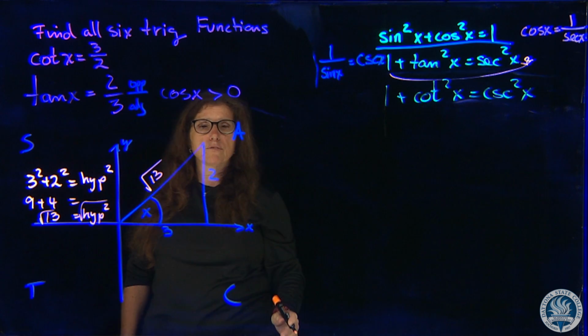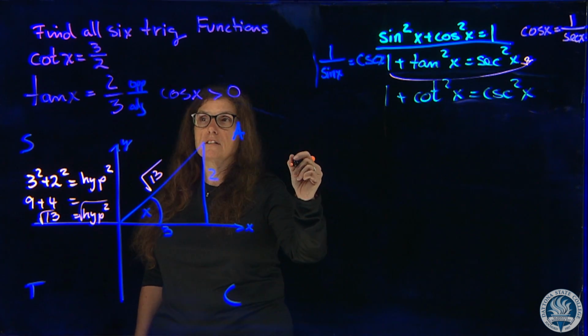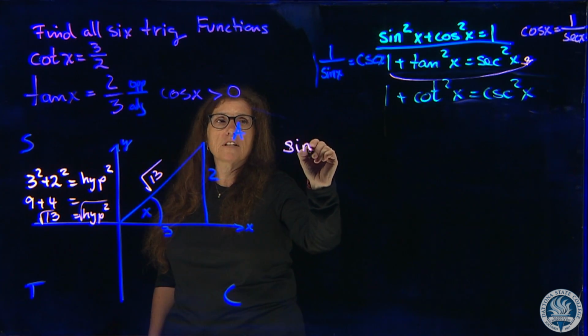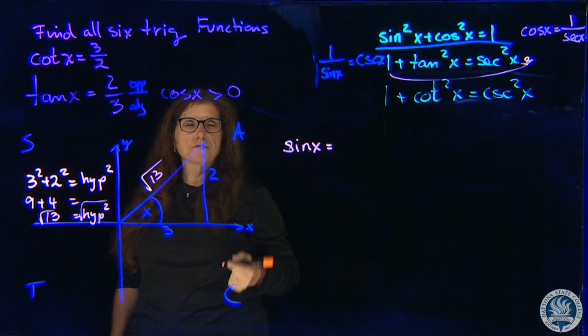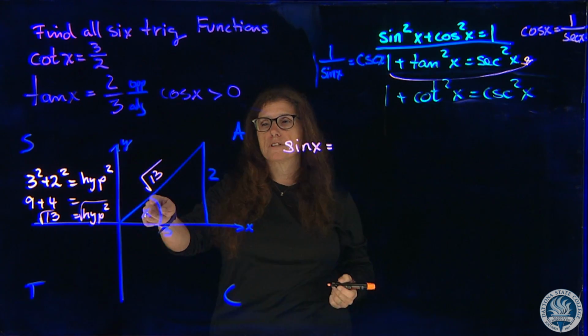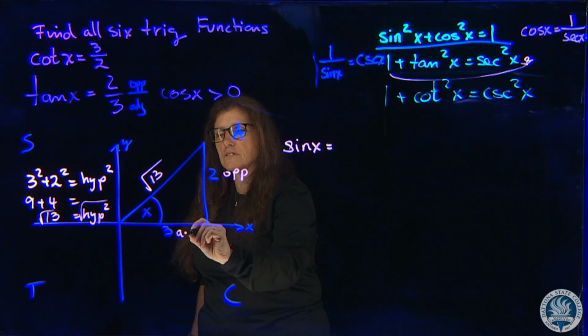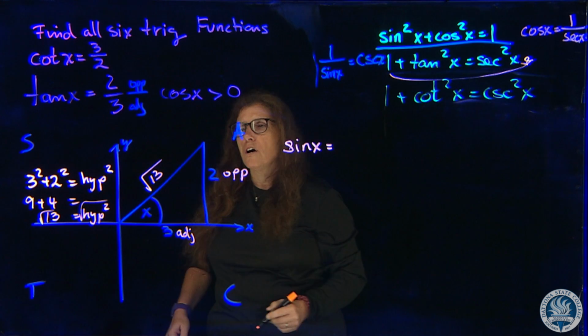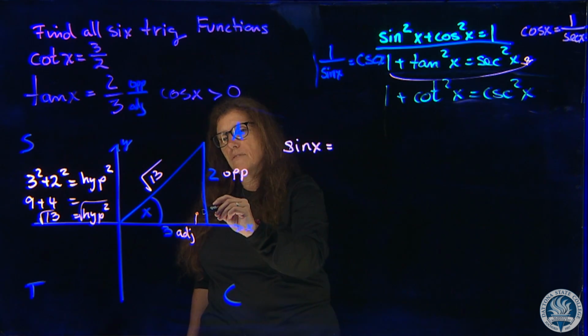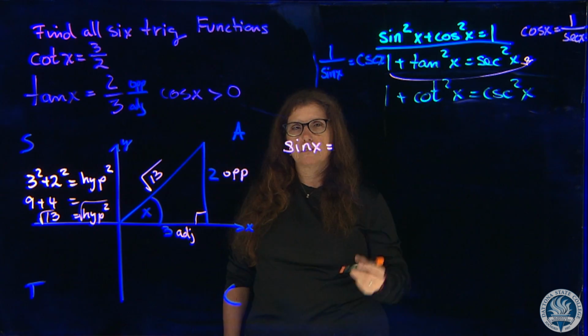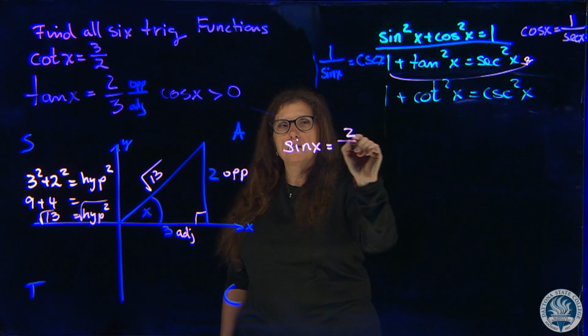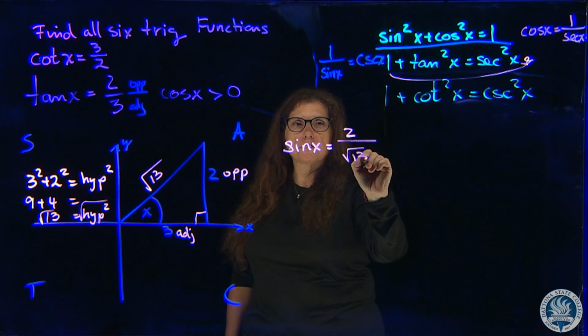Okay, now we have everything, so let's find the sine of x. The sine by definition is the opposite over the hypotenuse, so this is the opposite side, this is the adjacent side, and of course the hypotenuse is always opposite the right angle. 2 divided by the square root of 13.